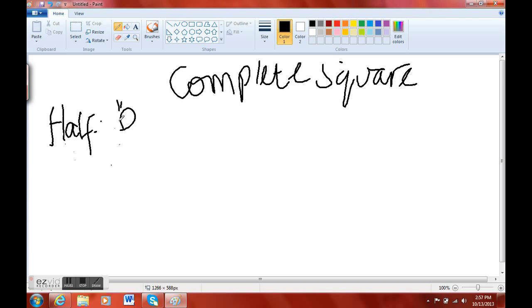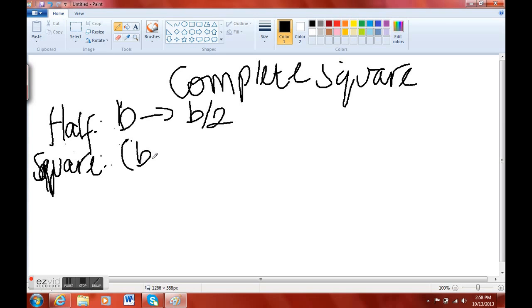Then you square, so it's gonna be b divided by 2 squared. Then you add. So you add b divided by 2 squared to both sides of your standard form.